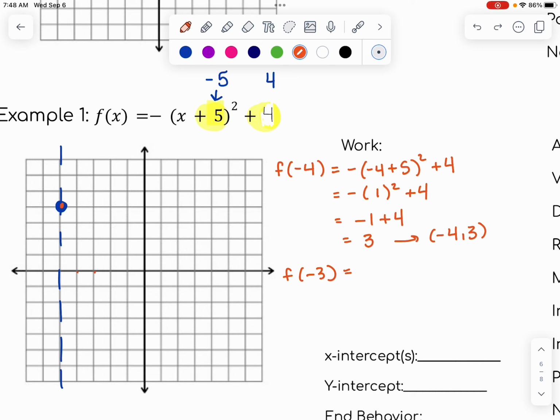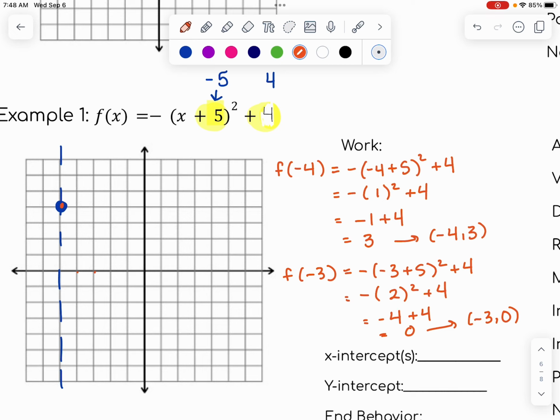So I'm going to plug in this negative 3, so we get negative, negative 3 plus 5 squared plus 4. All right. Negative 3 plus 5 is positive 2 squared plus 4. 2 squared is 4, so negative 4 plus 4, that equals 0. So we get the ordered pair negative 3, 0.